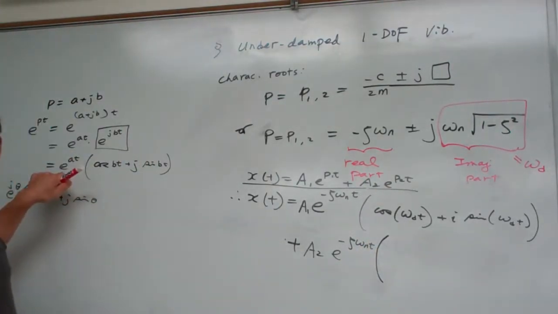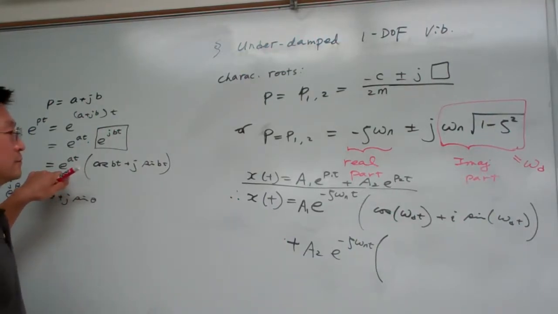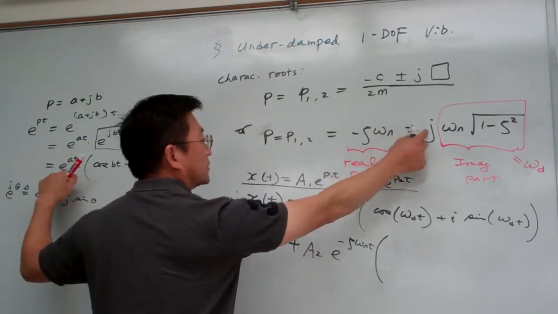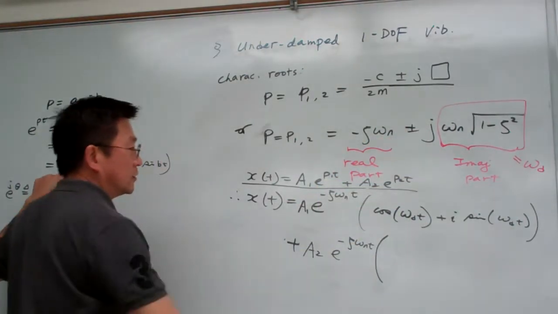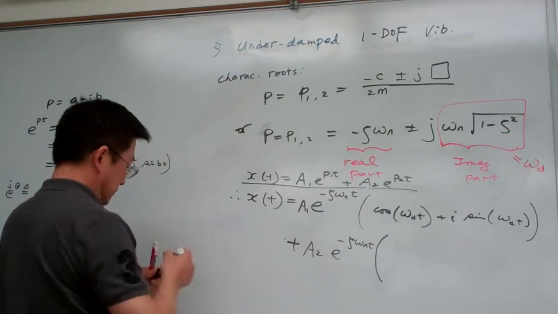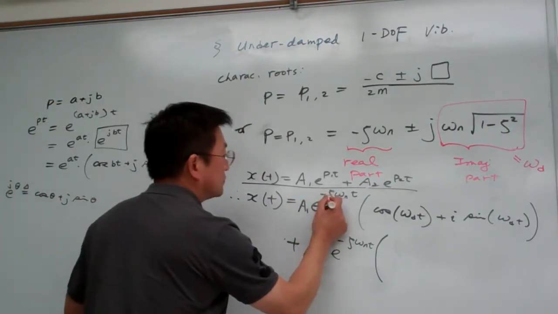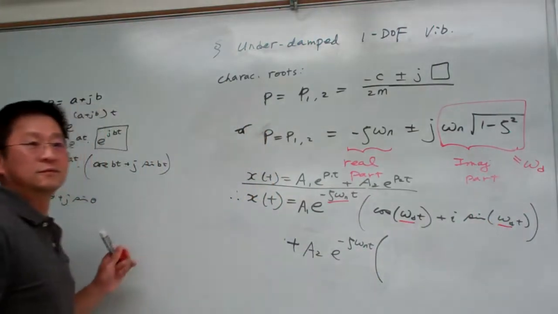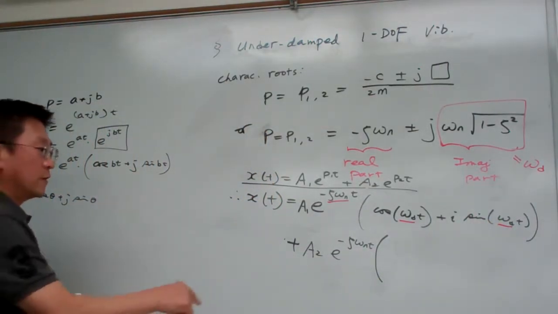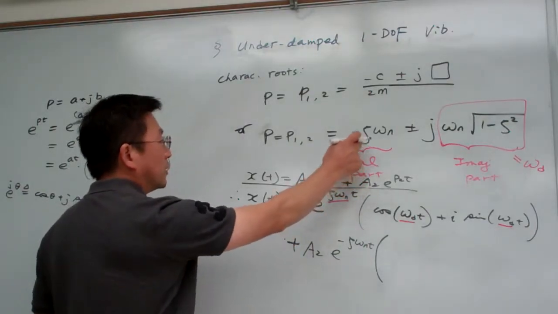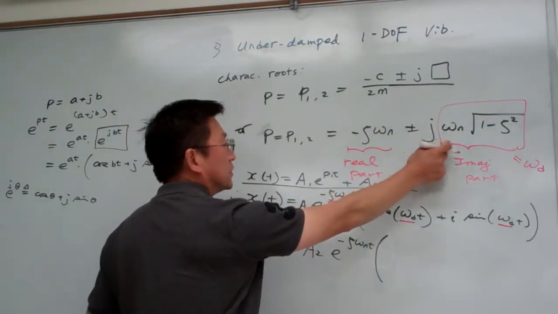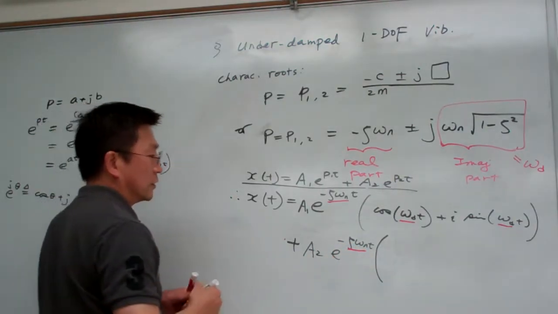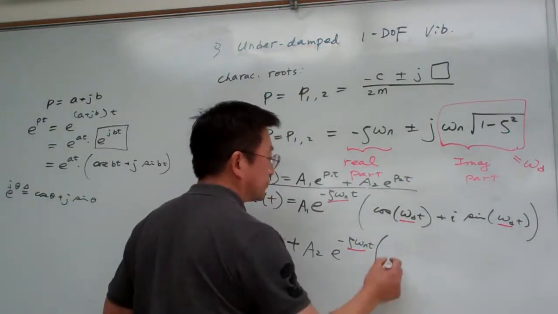Can you follow me? p1 equals real part plus j imaginary part. The same thing for p2 is the real part minus the imaginary part. So this is the real part and minus.